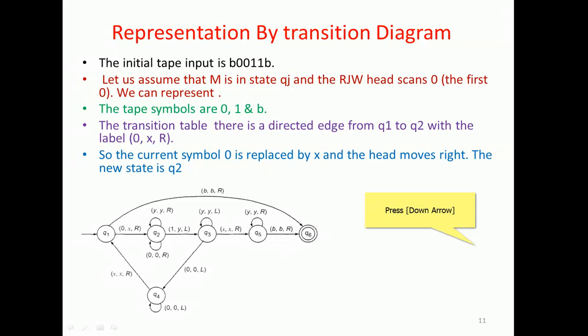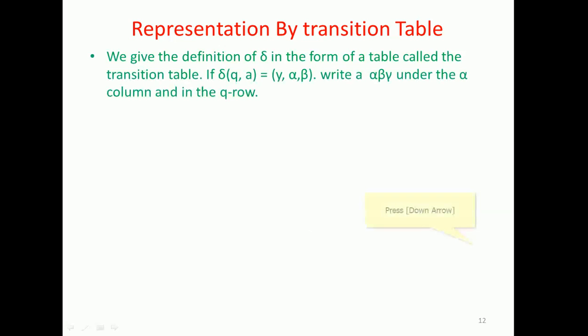So this illustrates the transition diagram concept for representing the Turing machine model. The other way is a transition table. The transition table gives the definition of delta in the form of a table.